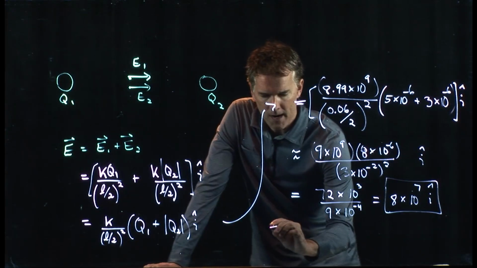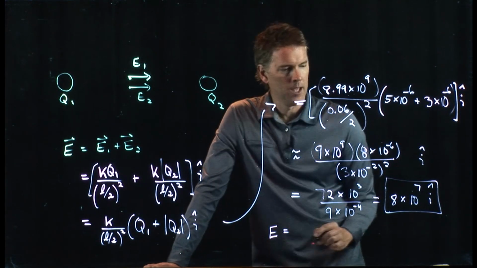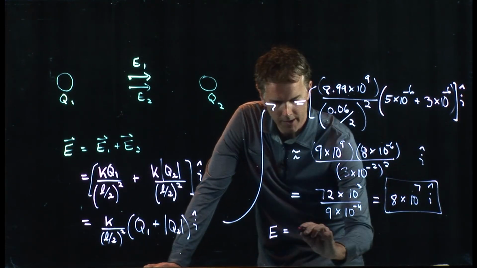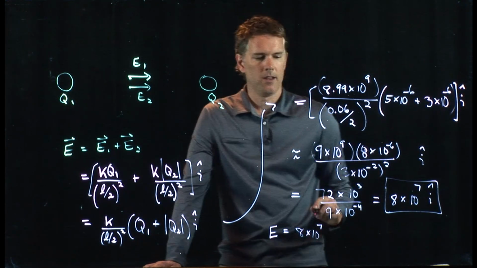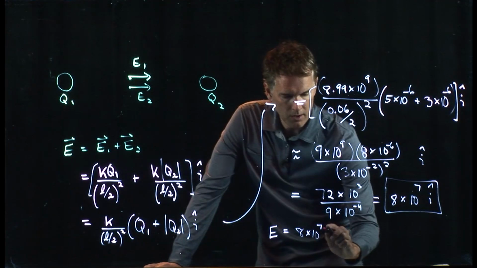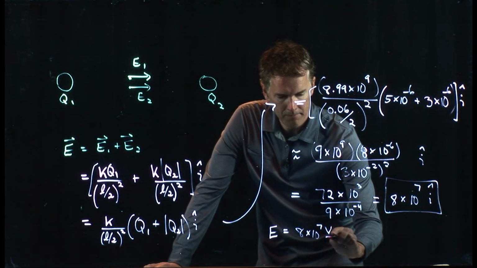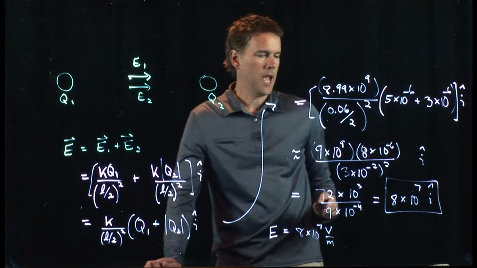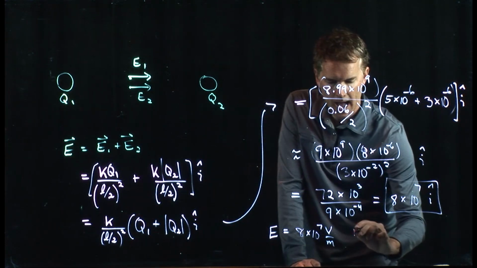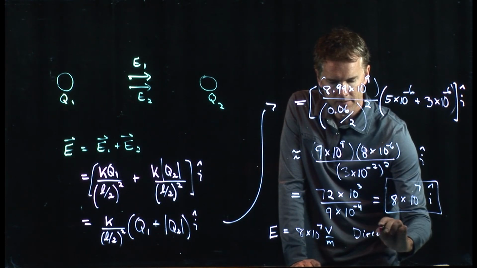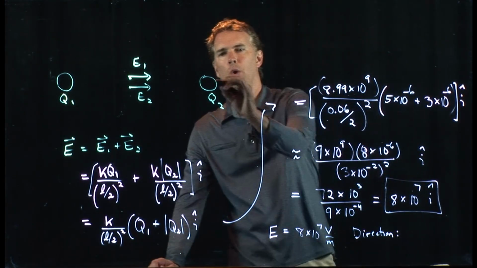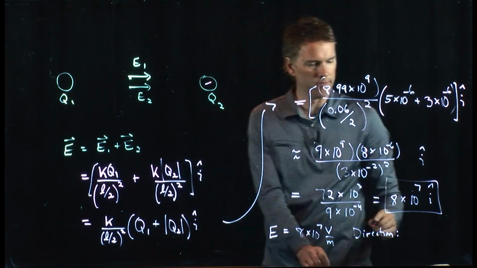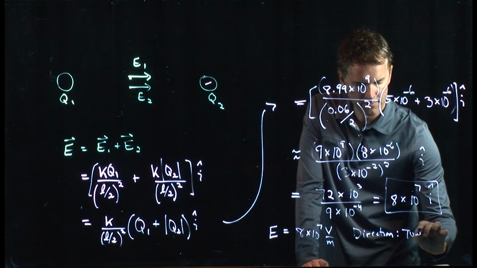The strength of the electric field is the number out in front, 8 times 10 to the 7, and the SI units are volts per meter. The direction is I hat, which in our picture is towards the negative charge.